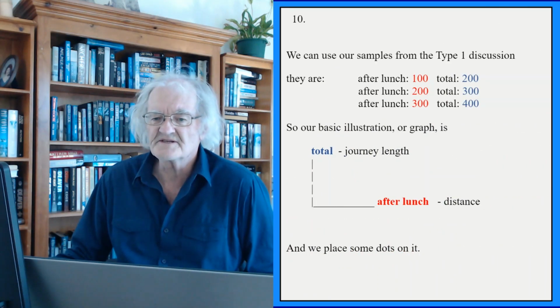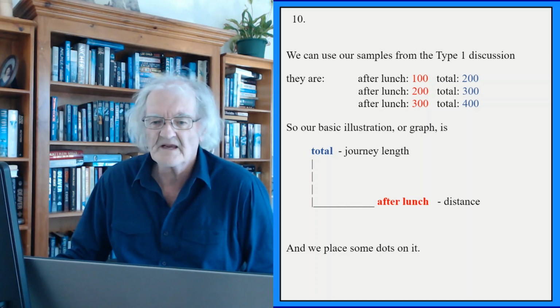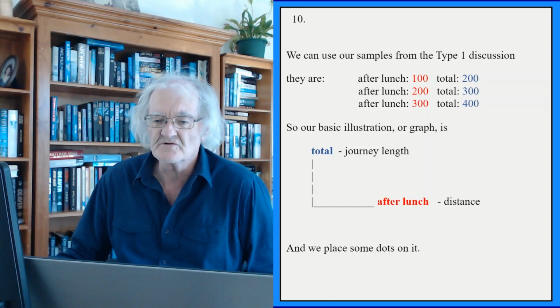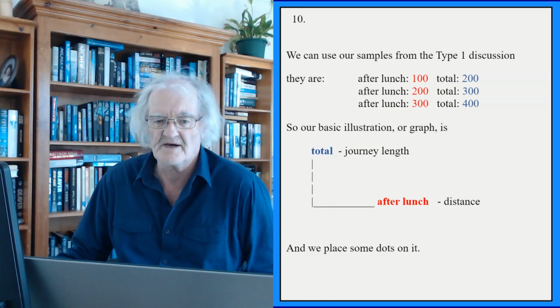We can use our samples from the type 1 discussion previously, and our basic illustration or graph has the input leading to the output. And we place some dots to represent the combination of values shown at the top of the page.